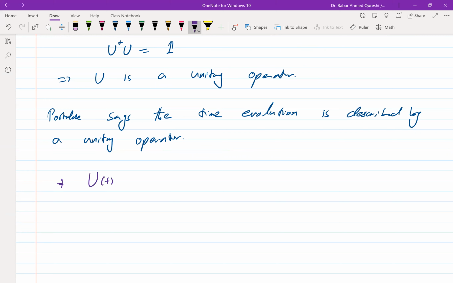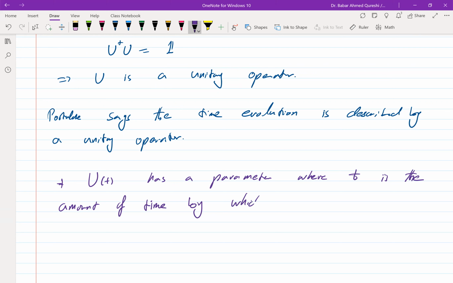U of t has a parameter where t is the amount of time by which you want to evolve.